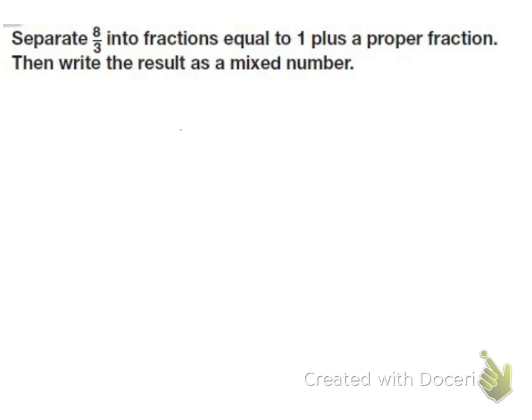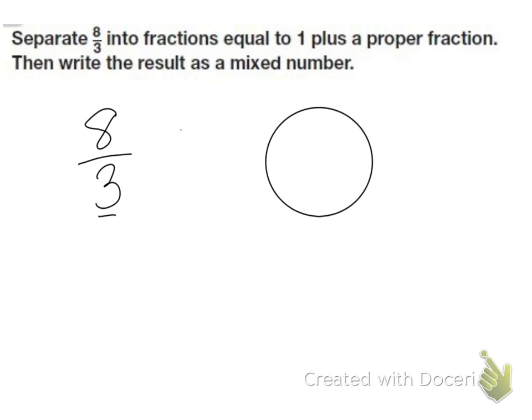So we know that the denominator is 3. Okay? So we can separate 8/3 into groups of 3/3. So if I was to show this with a picture, we'd have 8/3. So we're going to have, here's 3/3.